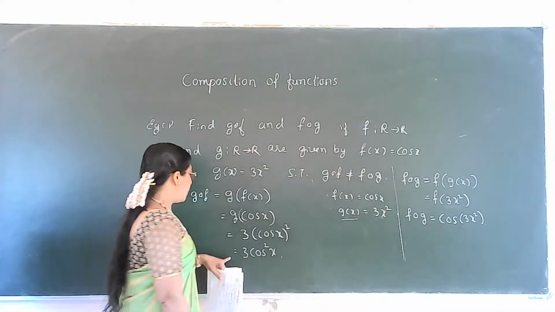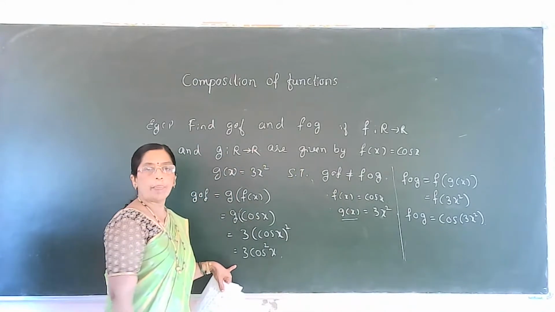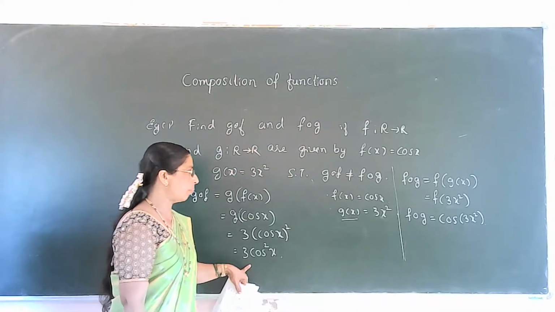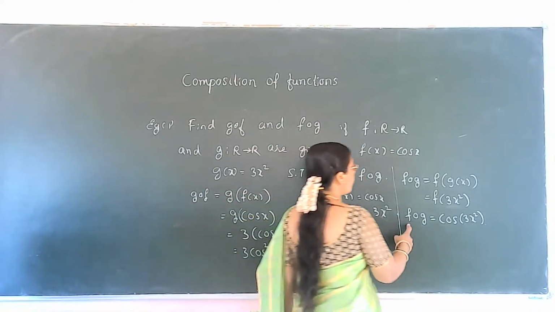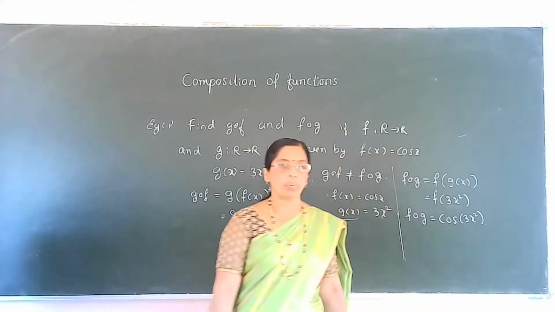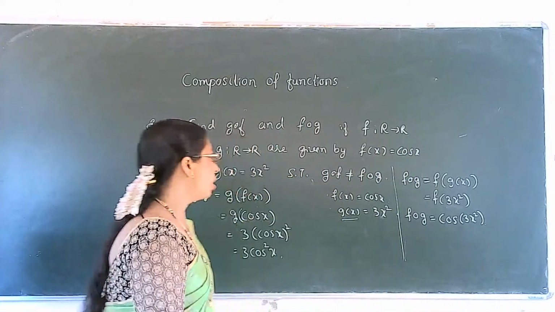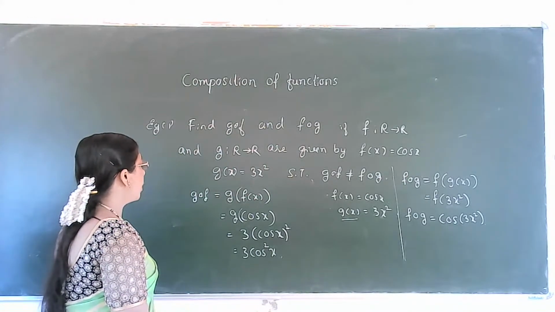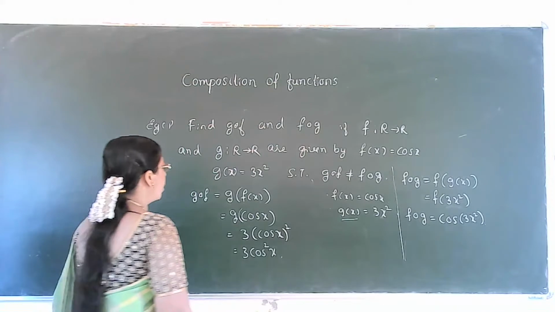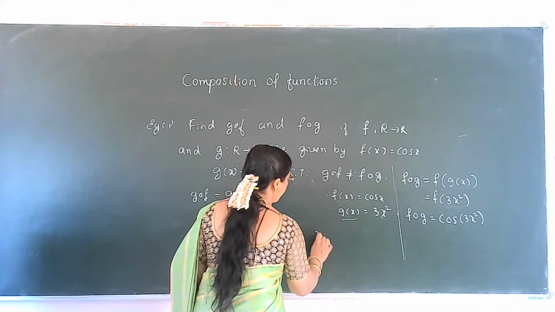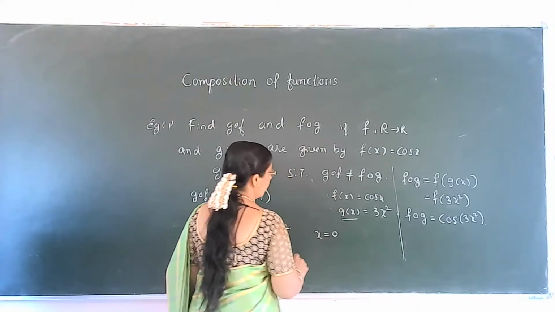Here, g composition of f is equal to 3 cos square x, and f composition of g is equal to cos of 3x square. These two are not equal because we find the value at x equal to 0.